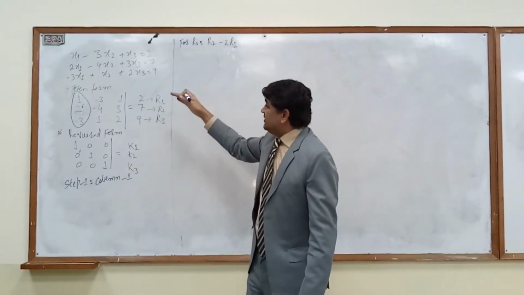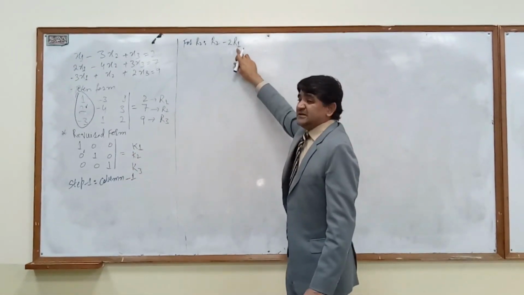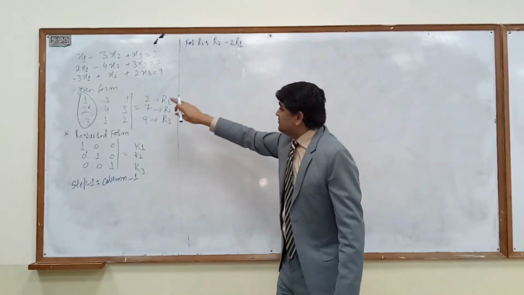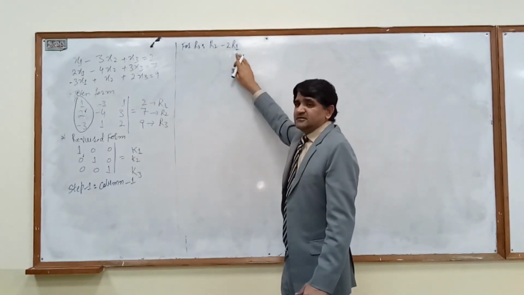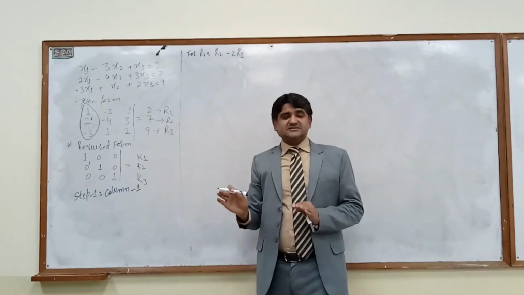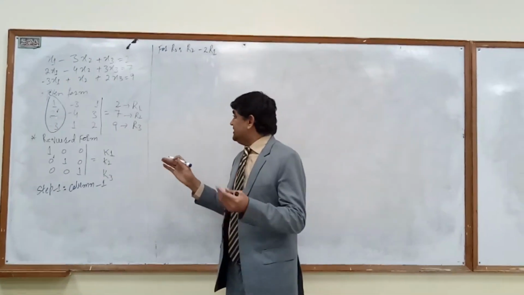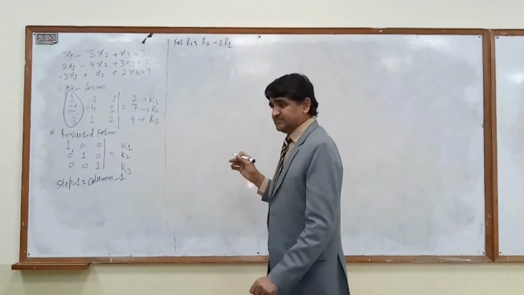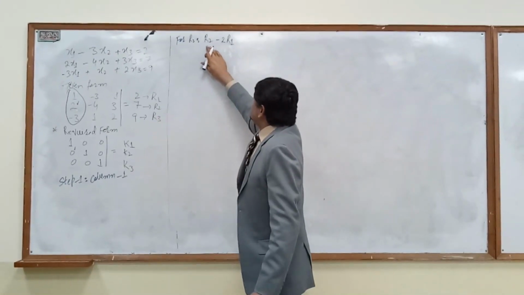If we go for column 2, that is step 2, the second component will be R2. If we go for step 3, that is column 3, the second component will be R3. Keep this concept in mind, then there will be fewer chances of wrong calculation. Clear, students?